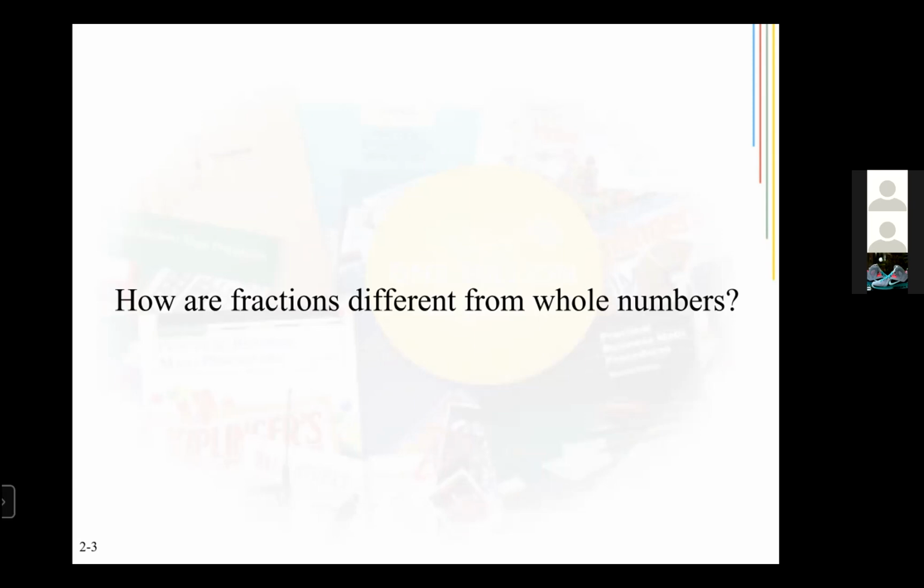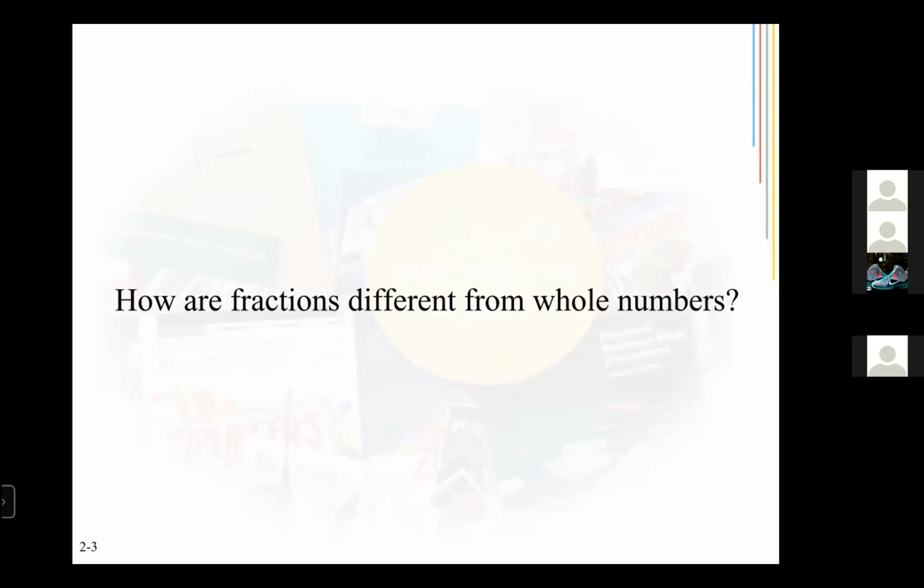That's the essential purpose of it. To give us a portion of a whole. And how are they represented in comparison to regular whole numbers?